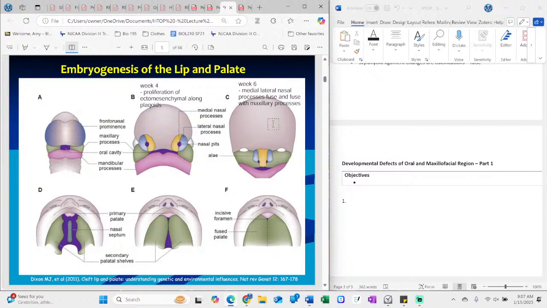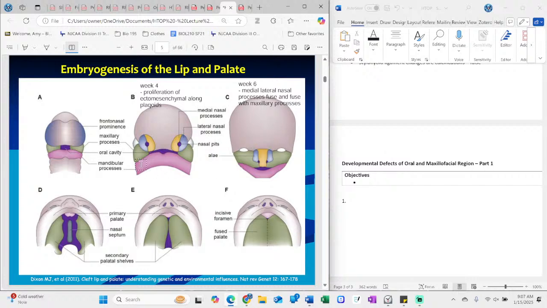Whereas the green one, the maxillary processes, form the lateral part of the upper lip. So in a way, fusion of the medial nasal processes with each other and with the maxillary processes gives rise to the upper lip. Another thing that fusion of the medial nasal processes gives rise to is the primary palate here.